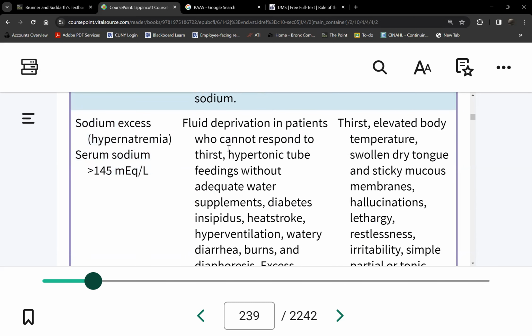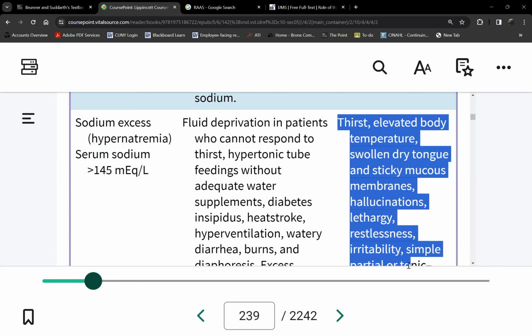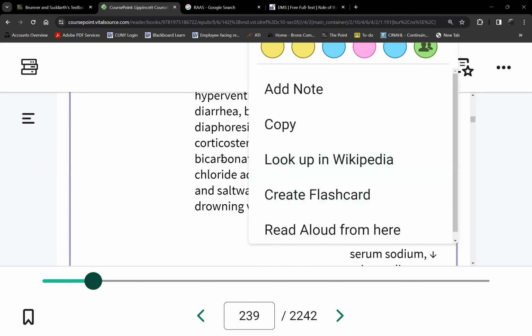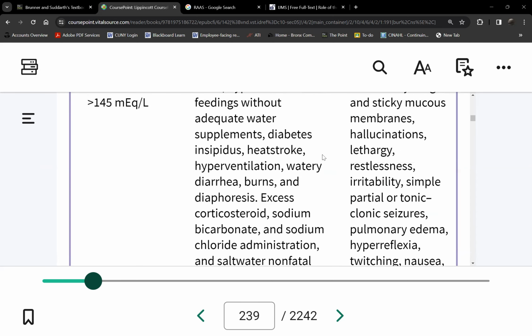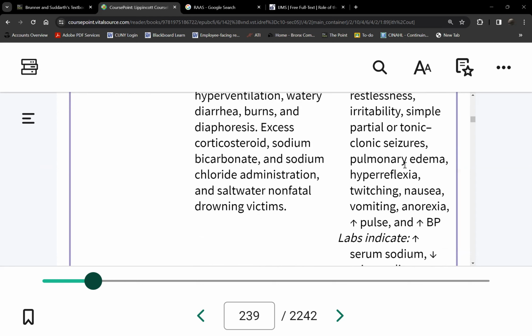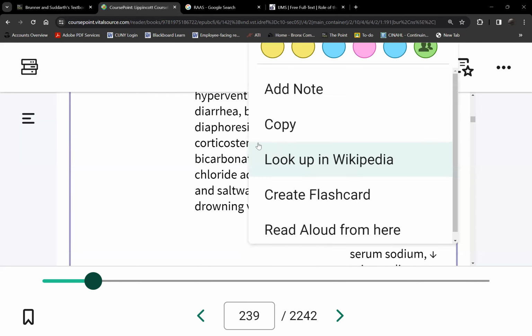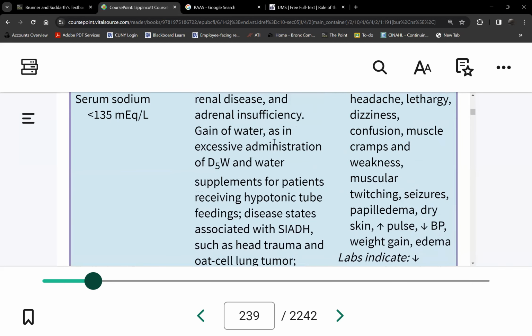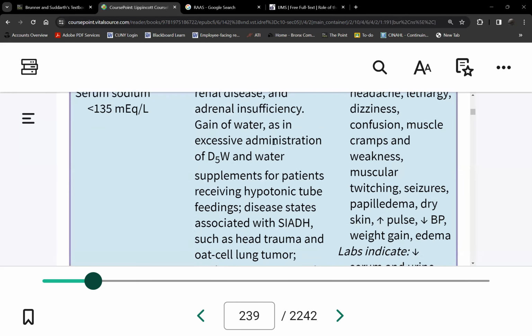Hypernatremia is now too much sodium. These are your manifestations. Either low or high sodium will end in seizures. So what have you noticed in sodium imbalances?